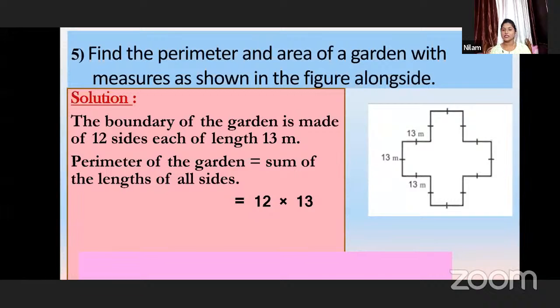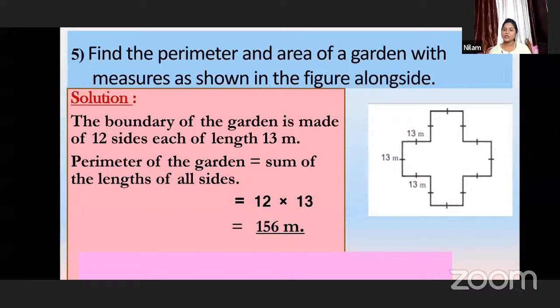Each side is 13, and the sides are 12 times. So we can multiply 12 by 13 and we will get the answer. Same if you do by adding 13 12 times, you will get the same answer. So the answer is 156 centimeter.